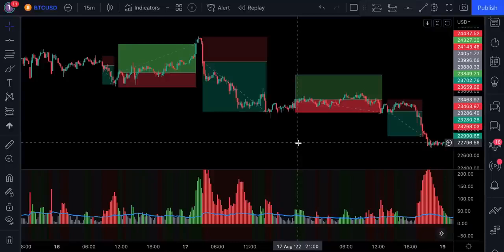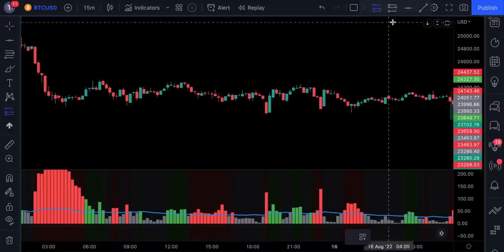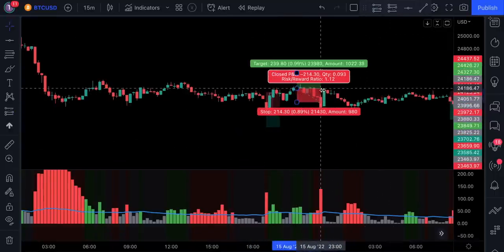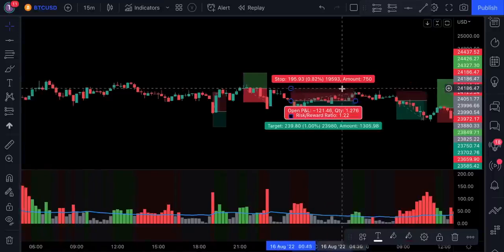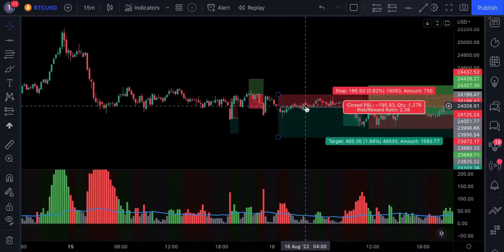However, by no means am I saying that you should use it on its own, because if we take a look at some signals, we can see that they're far from accurate. So in order to filter out these signals, I came up with an extremely powerful strategy, and now let me show you how to build the setup.